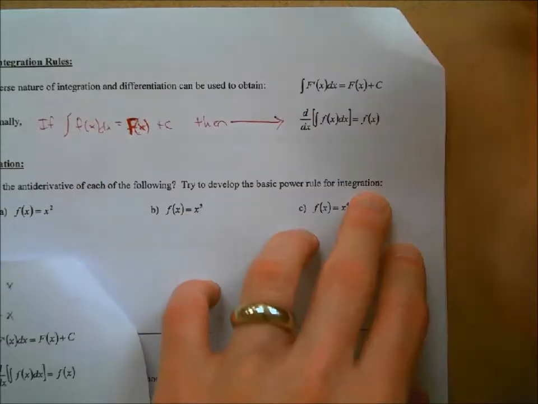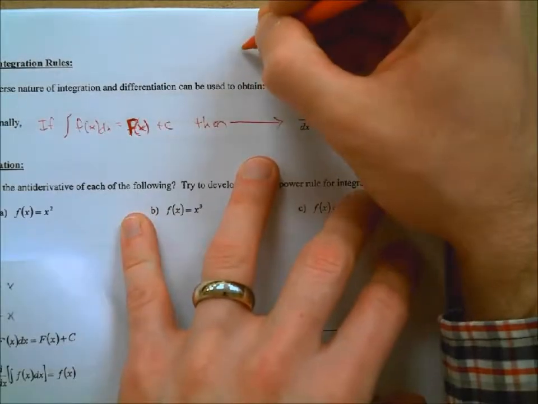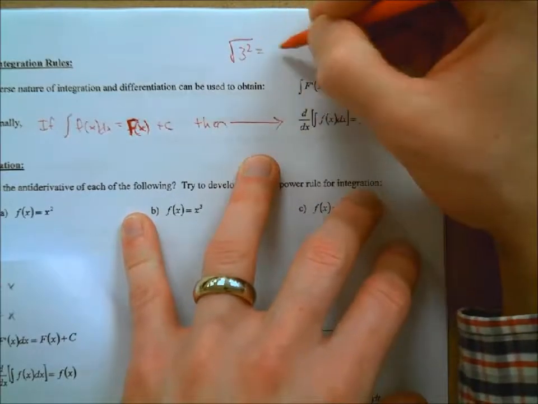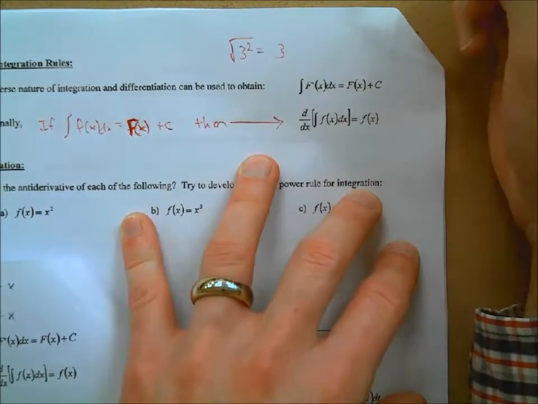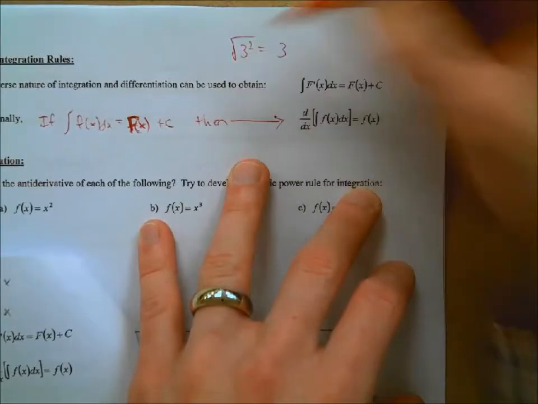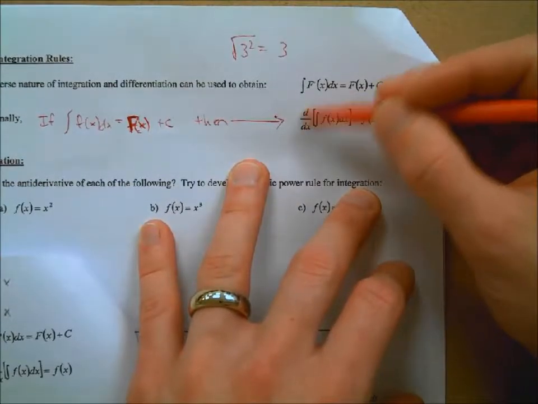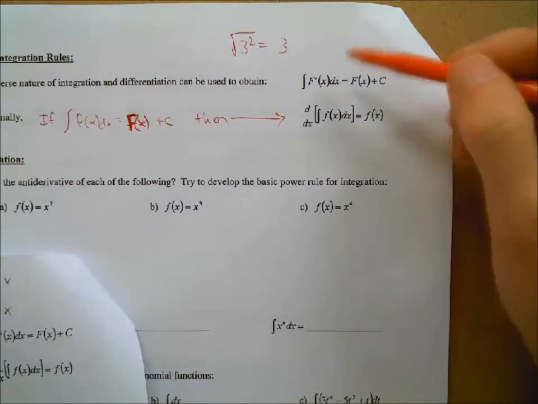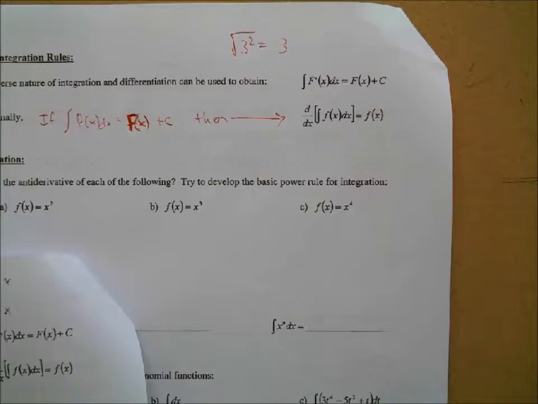Just like if you take a number like 3, and you square it and then take the square root, we end up with just 3. The square root and the square cancel out. The derivative and the integral are inverse functions, they cancel each other out, and so you're left with just f of x there.